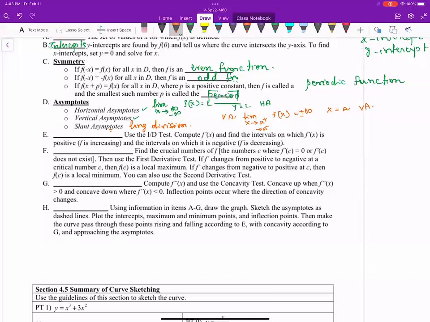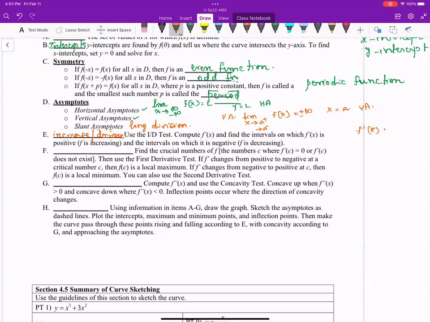Next, we want to know where the graph is increasing or decreasing: the intervals of increase or decrease. Where the graph increases and where the graph decreases, we find by using the increasing/decreasing test, which looks at whether the first derivative is positive.